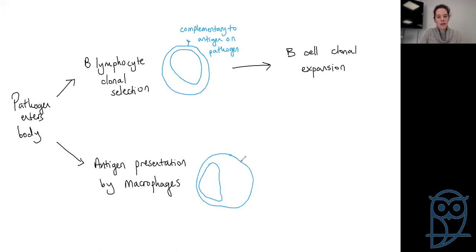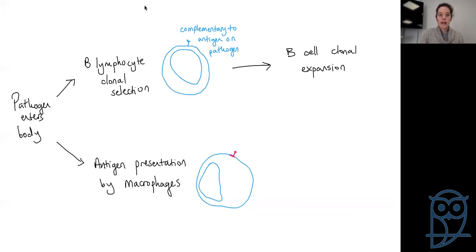Now antigen presentation means that he actually engulfs the pathogen. Remember that macrophages are a type of phagocyte. So they do phagocytosis. We engulf the entire pathogen, and then we take a piece of that pathogen and put it in the cell membrane. So there's now the antigen from the pathogen in the cell membrane of the macrophage.